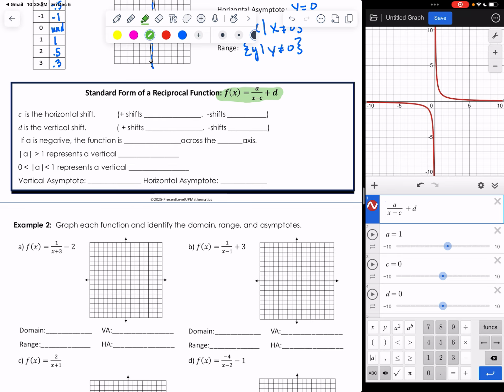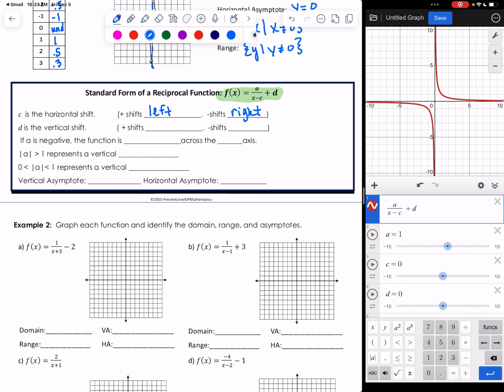So let's talk about what c does first. You probably already know this, but when c is positive, the graph will shift to the left. When it's minus, it will shift to the right. Now, if you look on the right side here, I have my Desmos opened and I've made some sliders so you can see.